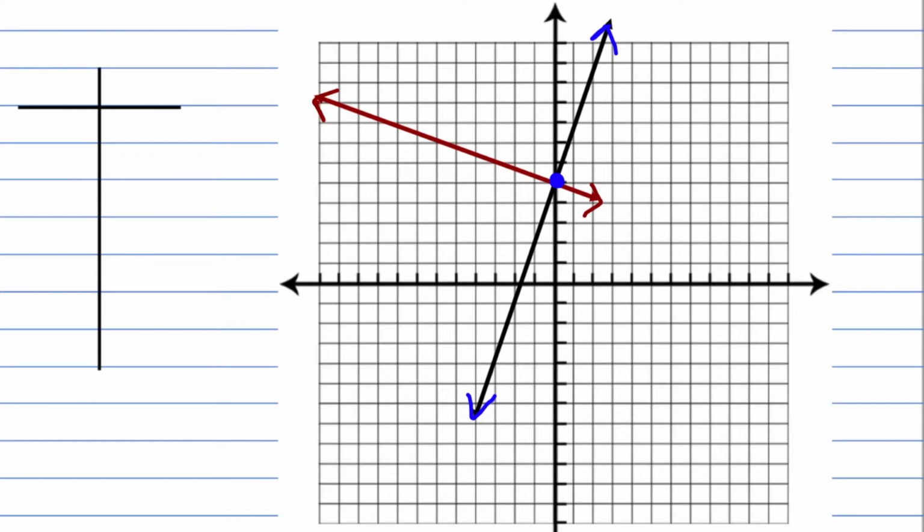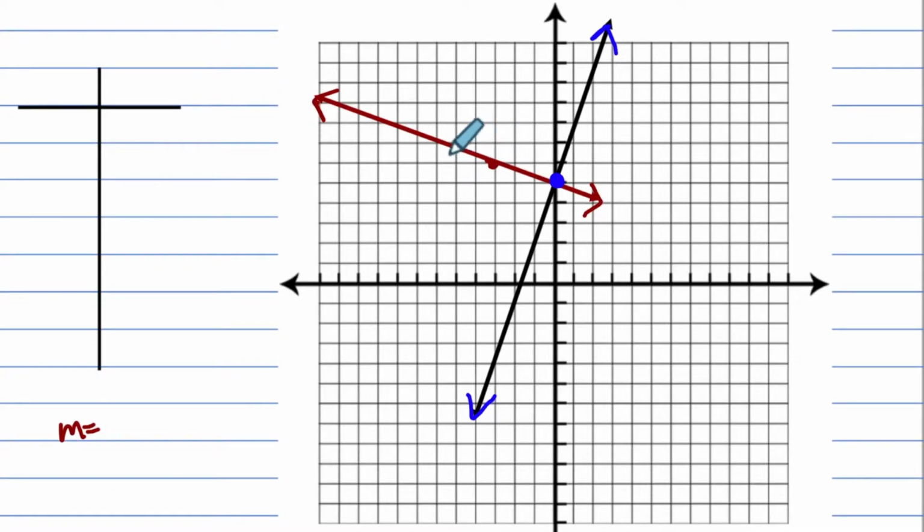Now let's see if the slope is negative. Yes, we're going up and then left, so it is a negative slope. The red line has a negative slope, and we've got a rise up 1 and a left 3.